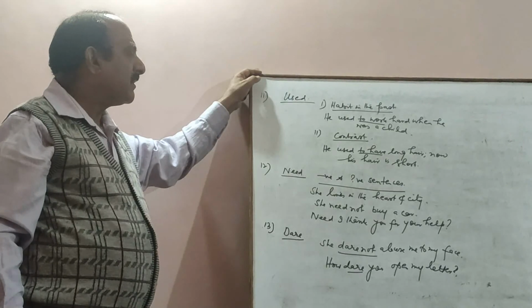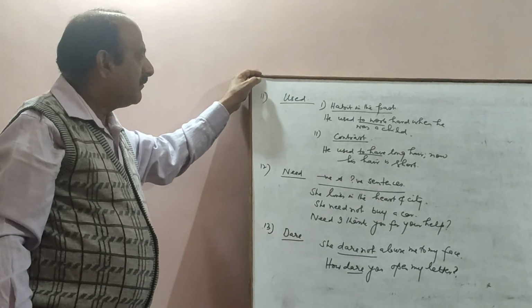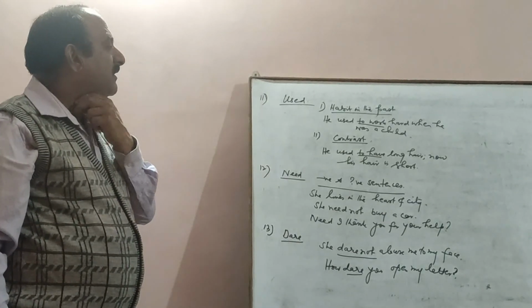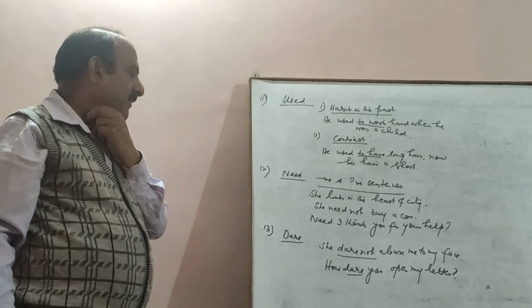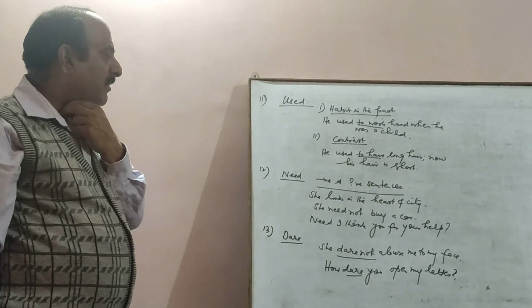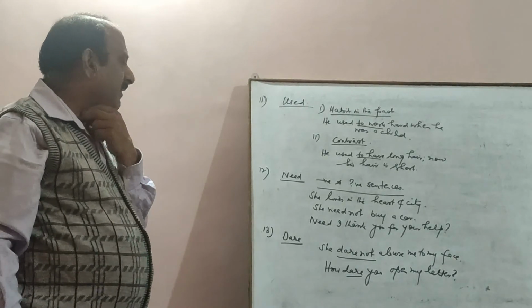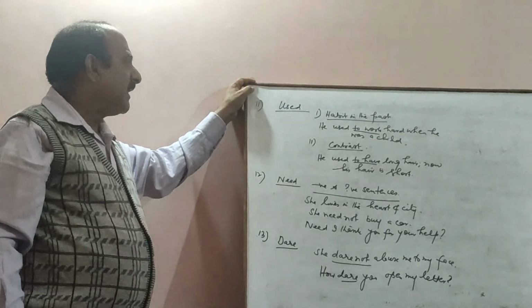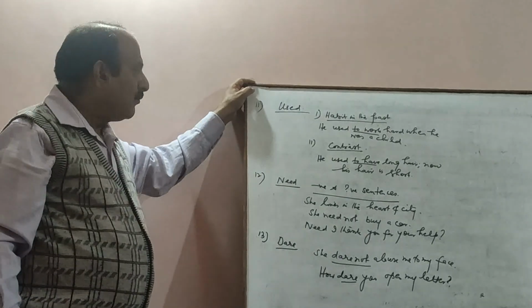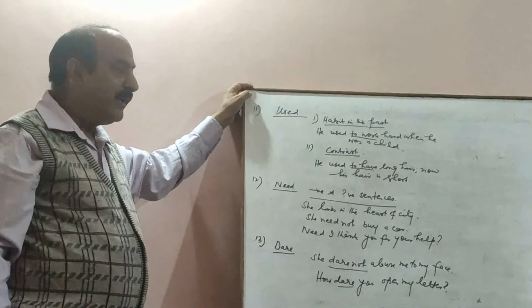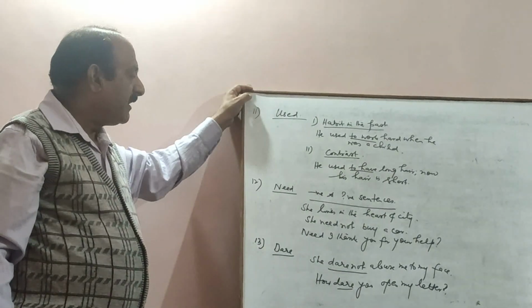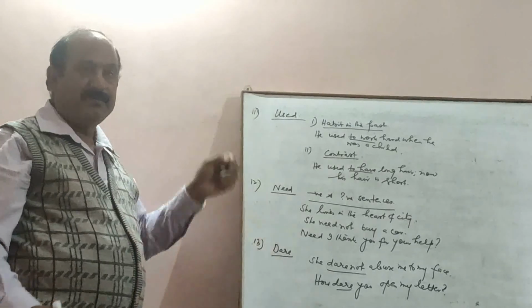Then they show different moods such as certainty, possibility, contrast, habitual action, determination, etc. So we must use the modals with great care, and we should note that used and ought are two modals which are followed by the to infinitive, whereas other modals take the bare infinitive after them.